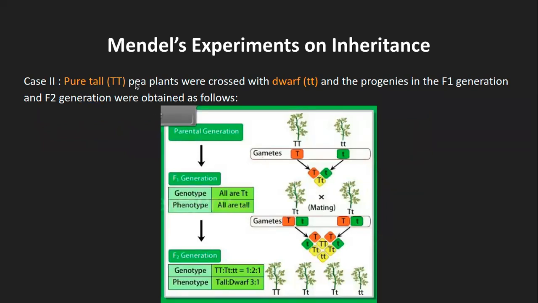pure tall pea plants and the dwarf, or what we can also call the short Pisum sativum plant, which is homozygous recessive, that is small t.